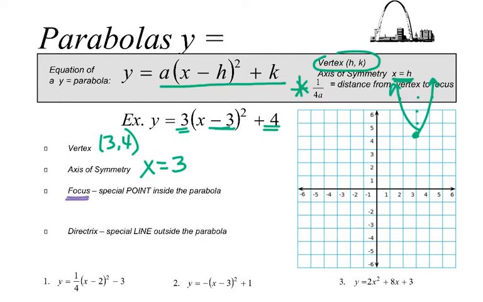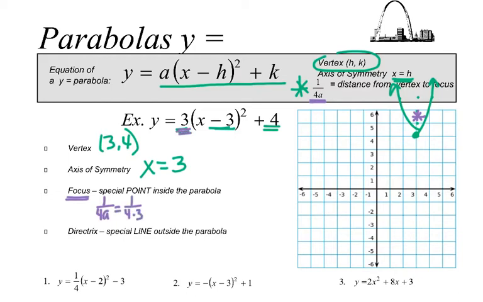Here's a new word: a focus. A focus is a special point inside the parabola. It's hard to get it exactly right, so I do it with that little star. And we've got a formula for finding it: 1 over 4a is the distance from the vertex to the focus.